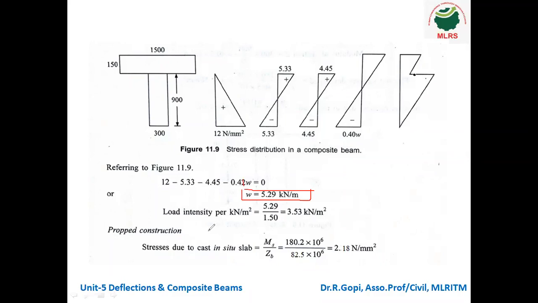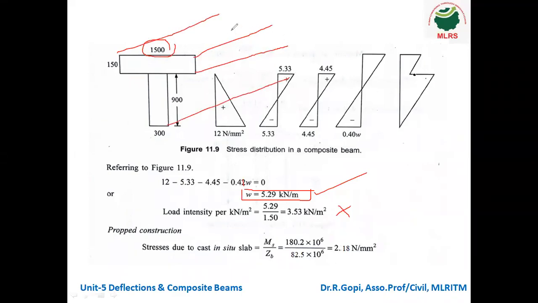Next, coming to load intensity in kilonewton per meter square. This is what the question asked. Actually this is not required, but for load intensity we have to divide by this 1.5 meter. You can see the slab goes like this.